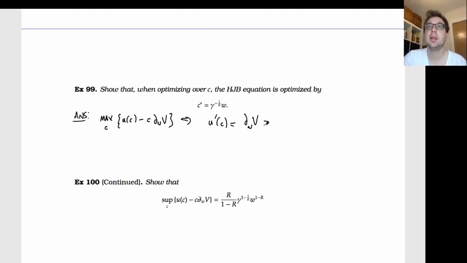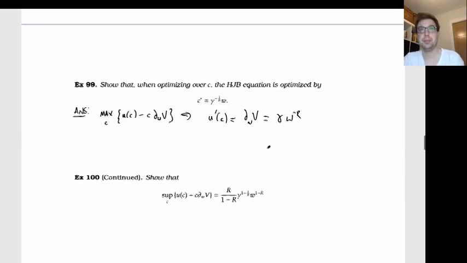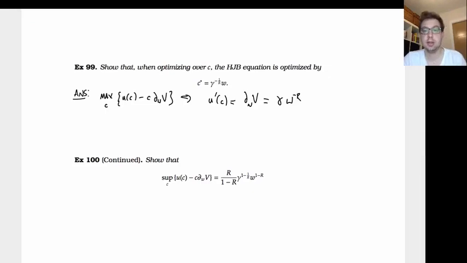I know the form of the solution of this is just gamma W to the minus r. I also know, from the CRRA utility function I've assumed, that this is C to the minus r as well. So overall, this implies that C is equal to gamma to the 1 over r times W.